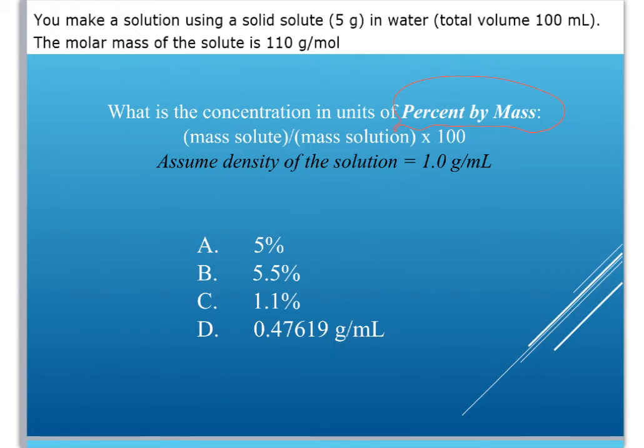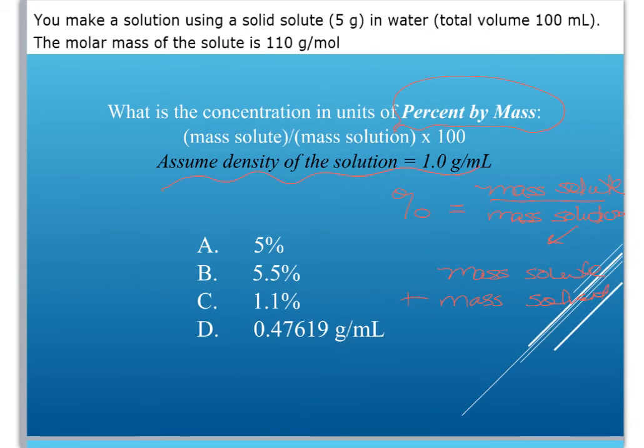Breaking down percent by mass, it is equal to the mass of the solute. Notice the solute always goes on top when you're talking about concentrations. Divided by the mass, again, of the entire solution, which means that in the denominator, you need the mass of the solute added together to the mass of the solvent.